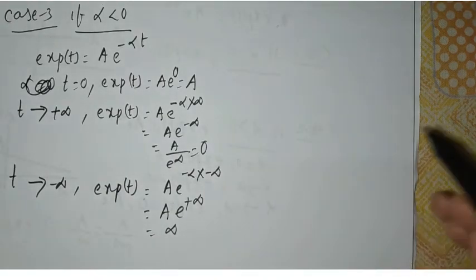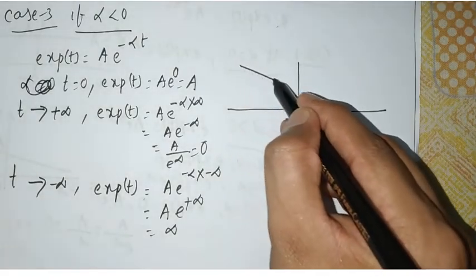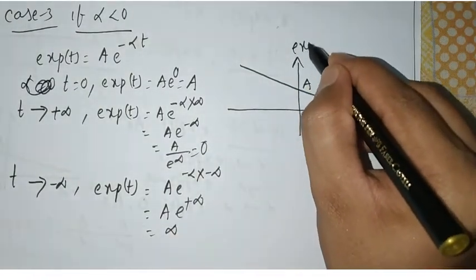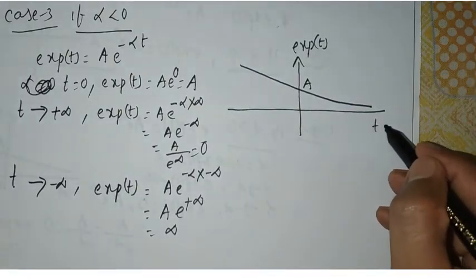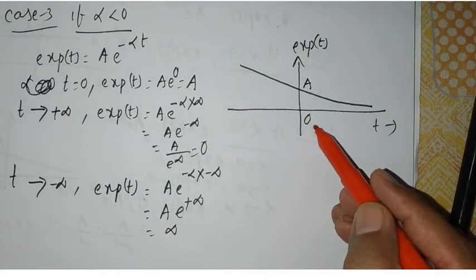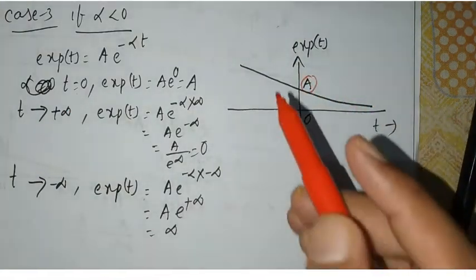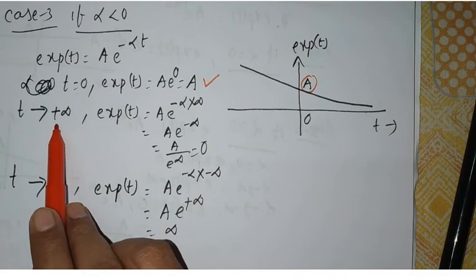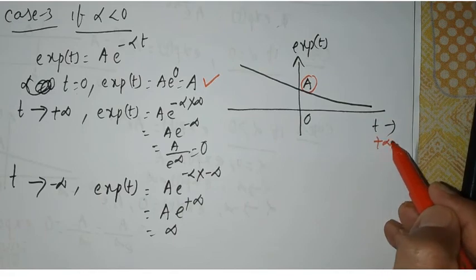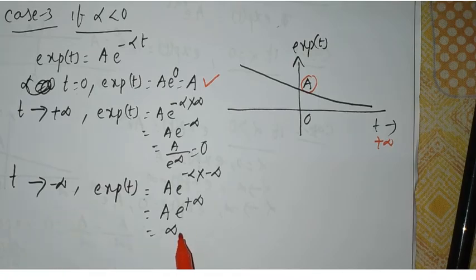Okay, now if you plot this, what will we get? See, it is very easy. Like this you will get. Same thing, when t tends to 0, it is a, when t tends to plus infinity, it is approaching 0, and when t tends to minus infinity, it is plus infinity.